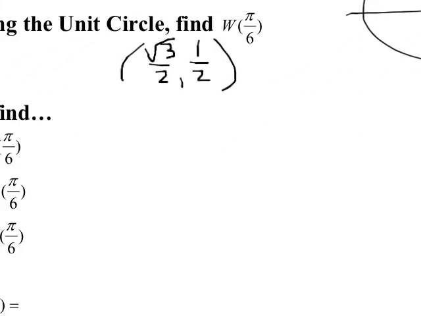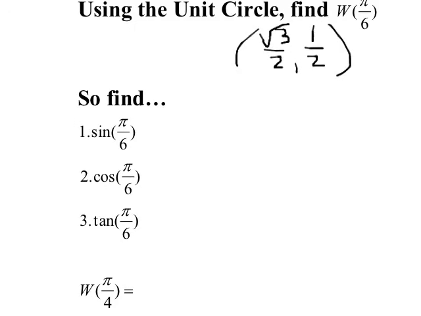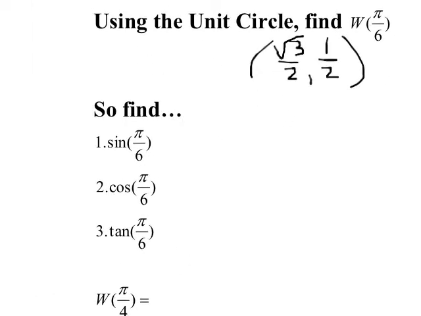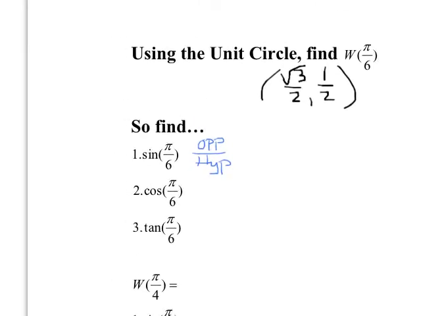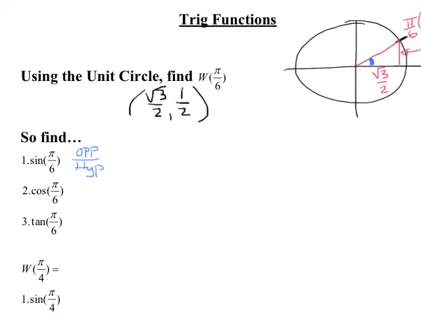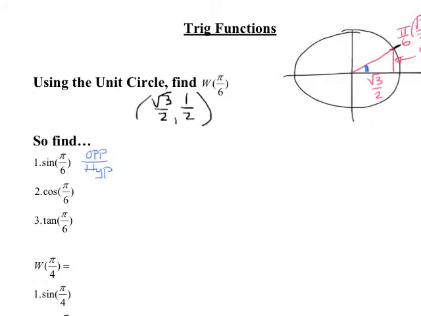Well, let's remember that sine is equal to opposite over hypotenuse. So if we look at that triangle over there, opposite is equal to a half. And the fact that it's a unit circle means that this length right here is 1, so the hypotenuse is 1. So sine of pi over 6 is a half.